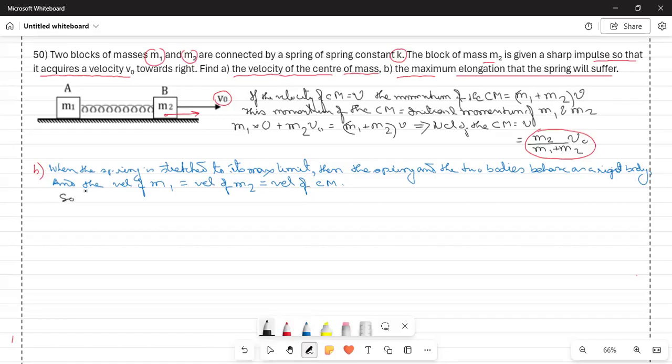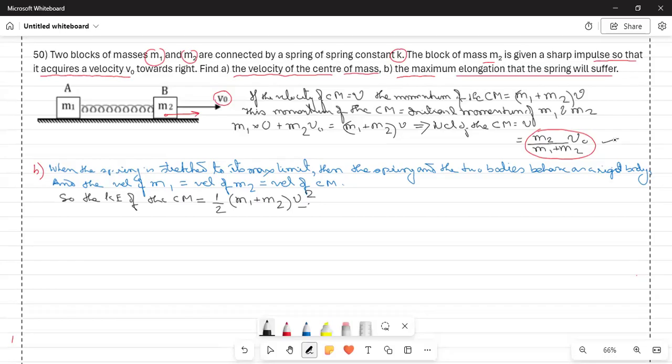So, the kinetic energy of the center of mass is then equal to half, since it is the center of mass, the sum of the two masses, M1 plus M2, into V squared, and this V is equal to this V. This is the kinetic energy of the center of mass.